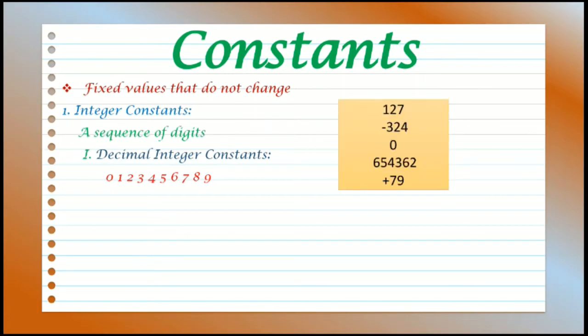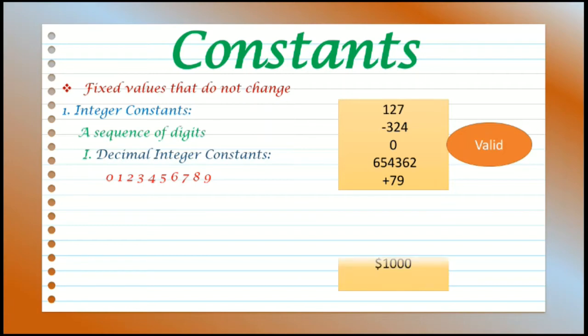127, -324, 0, 654362, +79 are valid examples of decimal integer constant. Embedded spaces, commas, non-digit characters are not allowed between digits.